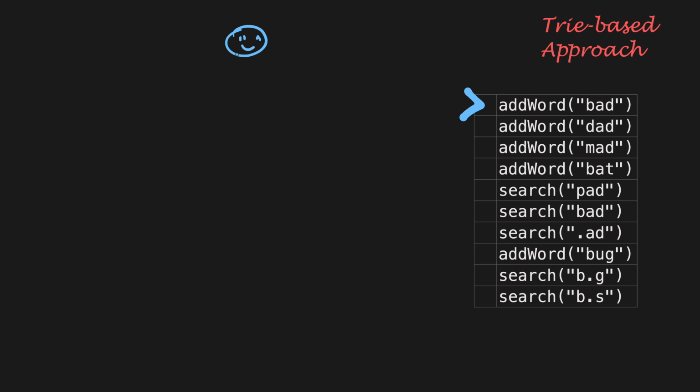So we start with a pointer to the root node and the first character is B, and we check if the root has a child for B, and the answer here is no. So we create a new trie node for B and link it to the root and move our pointer to B. The next character we see is A, and we check if the node B has a child for A, and the answer is again no. So we create a node, link it and move the pointer to it.